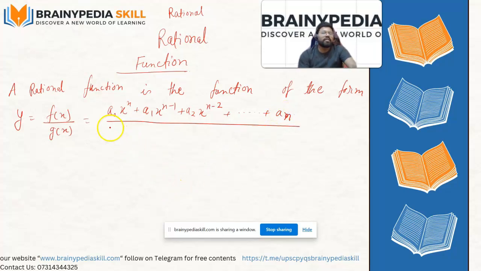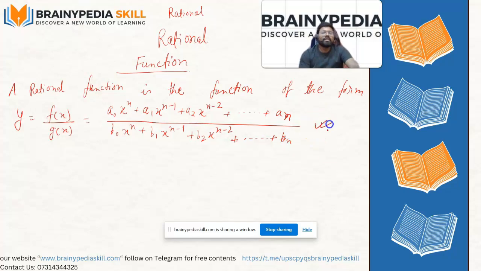In the same manner, I have taken b0 x to the power n plus b1 x to the power n minus 1 plus b2 x to the power n minus 2 plus dot dot dot plus bn.